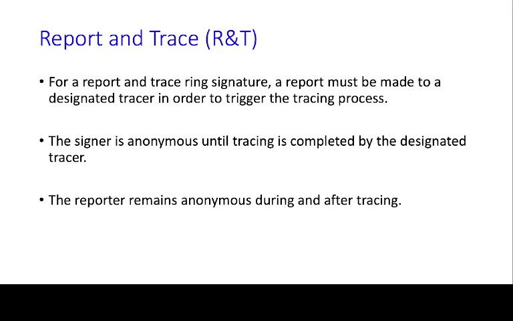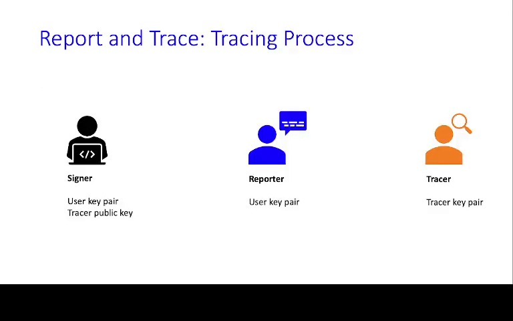Okay, so a report and trace ring signature involves the following entities. Firstly, as in standard ring signatures, signers with access to their own public secret key pair and the public key of a designated tracer can generate publicly verifiable signatures. Reporters can use the reporter key pair to generate a report.